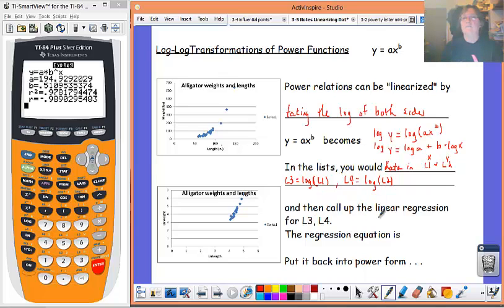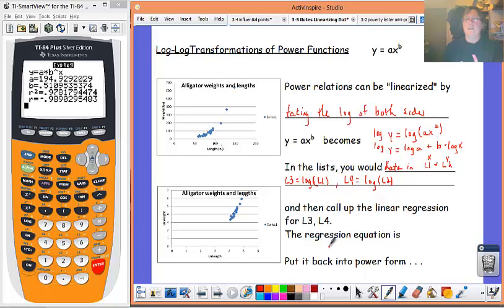And then call up the linear regression for L3 and L4. Again, if you look at this, folks, we are in a linear model here. We've got y equals a constant plus a multiplier times the log of x. That's a linear expression. So you call up the linear regression for list 3 and 4.